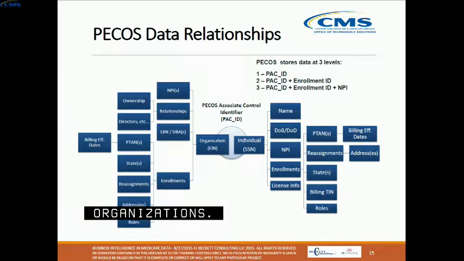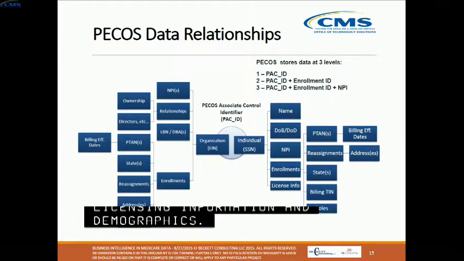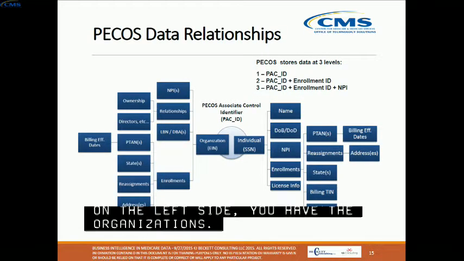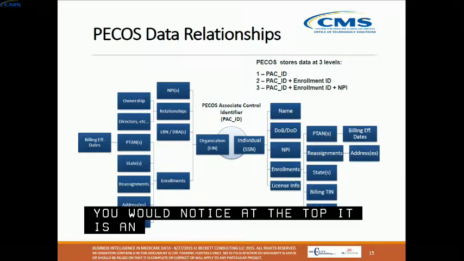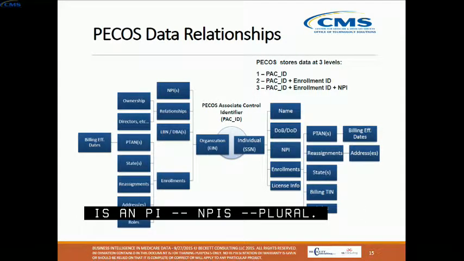On the left side, you've got the organizations. Organizations, you'll notice at the top, it's NPIs plural. Many organizations, such as a hospital, a group practice, or a chain organization, will have a whole series of NPIs associated with that particular organization.